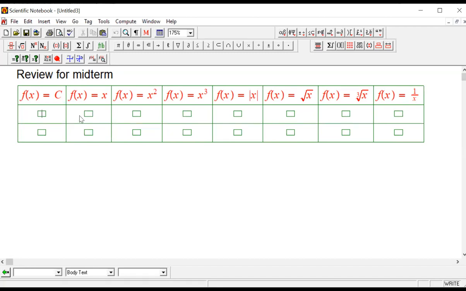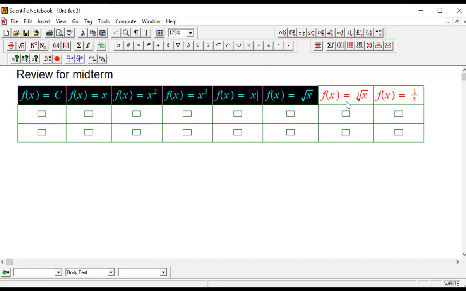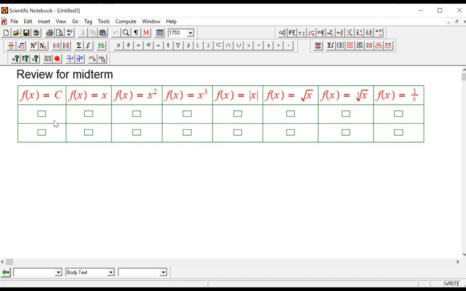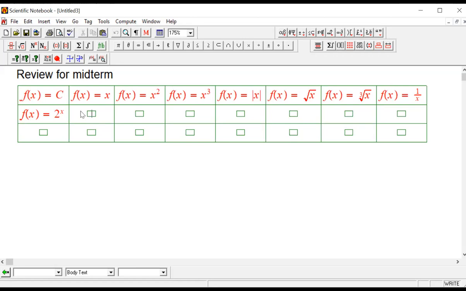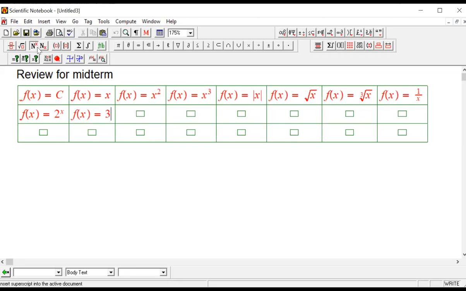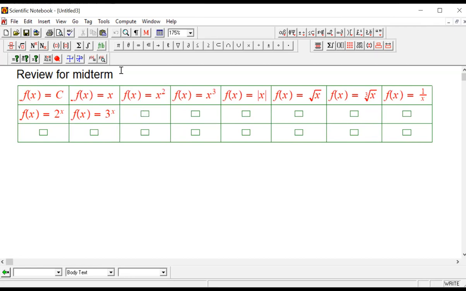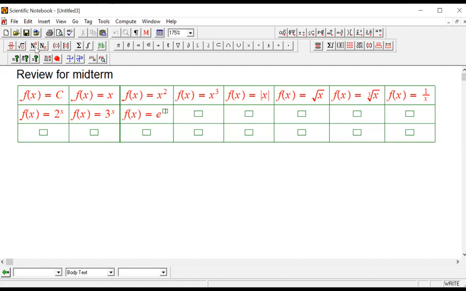Okay, continue. All of these are rules of functions. And then we went on to study the exponential functions: 2 to the power x, 3 to the power x, and e to the power x.